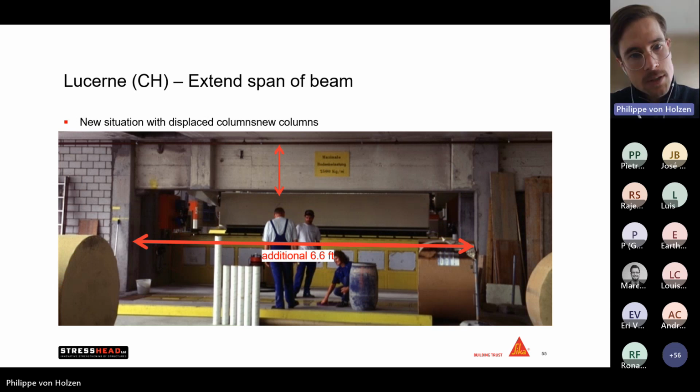created new columns here on the outside, and were able to finally take away those 2 columns and gain about 2 meters of passage so that they could finally install this new paper machine. And a very big advantage in this project, or another option how we could have solved the reinforcement, is by installing simply a steel profile.